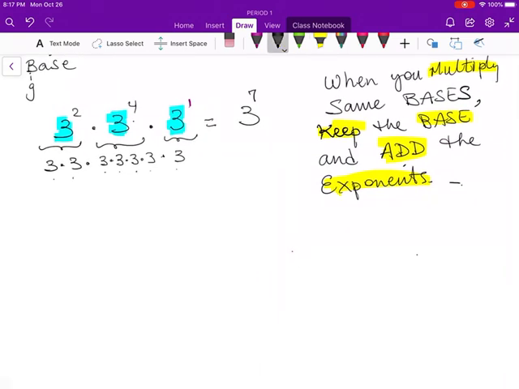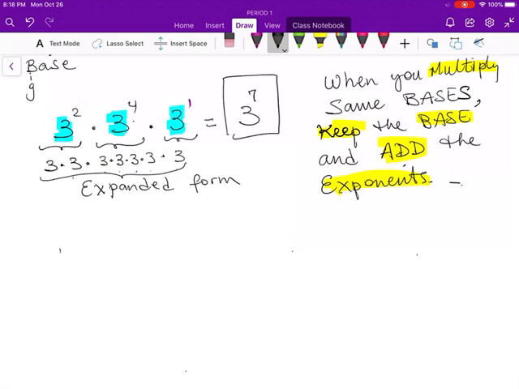So now that we know that, we can skip the step right here. This is what we call expanded form. This is what you do when you want to prove to anyone why your answer is 3 to the power of 7. Once you get used to it, you can skip the step of expanding and apply the rule.